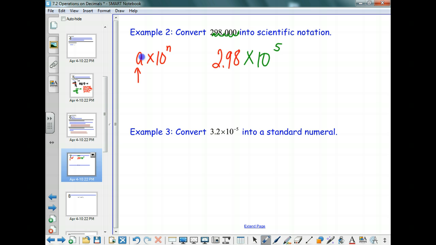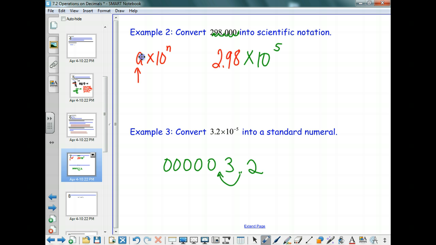So I'm going to start down here with the number as it is. In order to make this number smaller, which direction does my decimal have to move? Left. Otherwise, the number will be getting bigger. If I only move it 1 to the left, I'm out of numbers. So what am I going to do? I need a bunch of zeros written over here to give me places in which to move it.